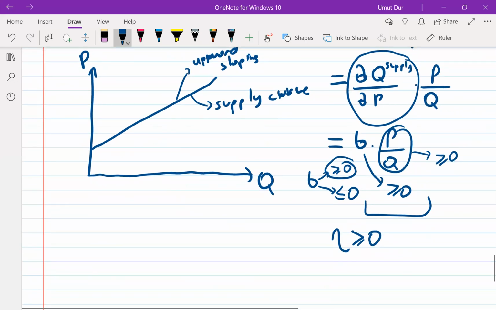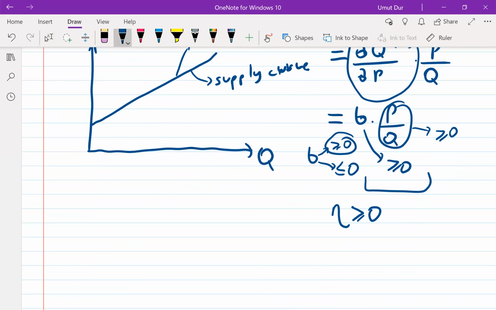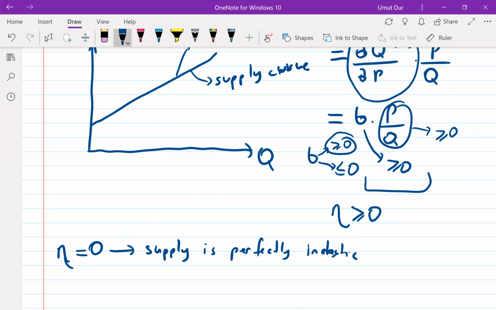And so if you remember the terminology that we were using for the demand elasticity, okay, if supply elasticity is equal to 0, then we say that supply is perfectly inelastic. If supply elasticity is between 0 and 1, okay, then we say that it is inelastic.